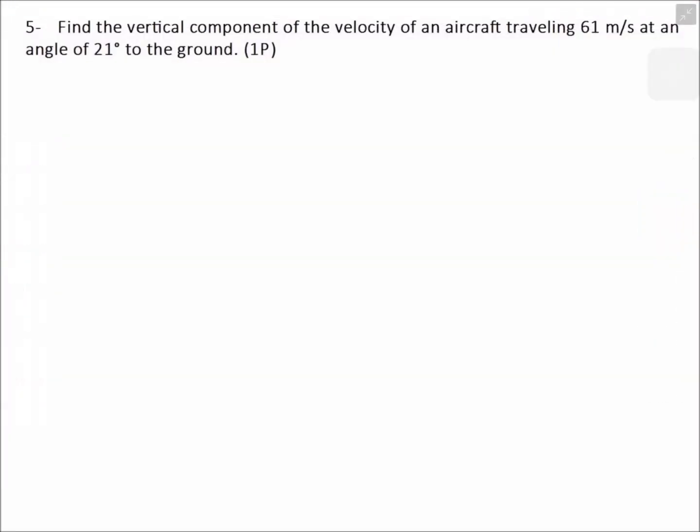Question 5, it says find the component, but which component? Vertical component. So let's draw the vector first. V equals 61 meters per second. This is the x component, and the angle given is 21 degrees, and this is the y component.